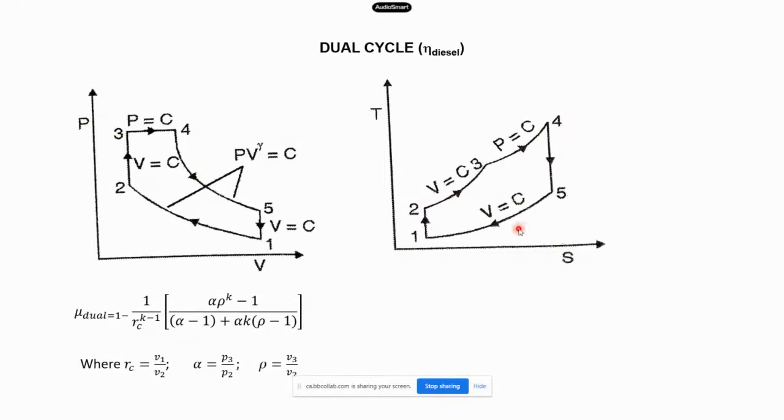Between 2 and 3, the volume is constant, that is V equals C. Between 3 and 4, the pressure is constant, that is why we say P equals C. And between 5 and 1, the volume is constant, so we have V equals C. You just have to memorize the TS diagram because we did not cover that in class last week.